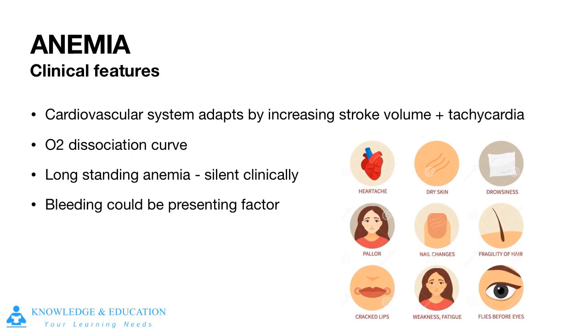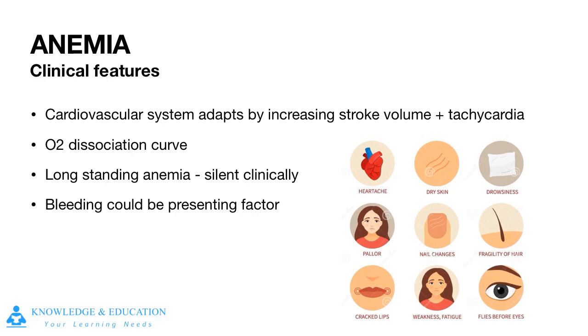The cardiovascular system is a very adaptive system, which usually adapts to changes of circulating volume. So as you lose blood, the circulating volume gets compensated by increasing the stroke volume and tachycardia. And usually that's a manifestation of anemia. Most patients get tired easily.